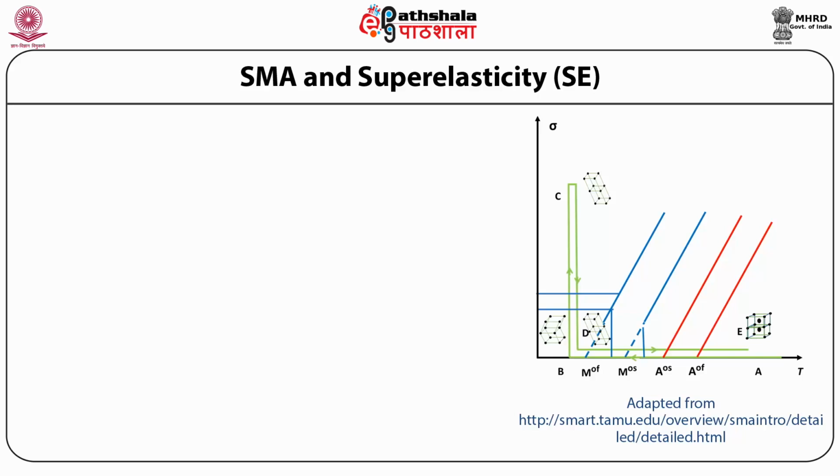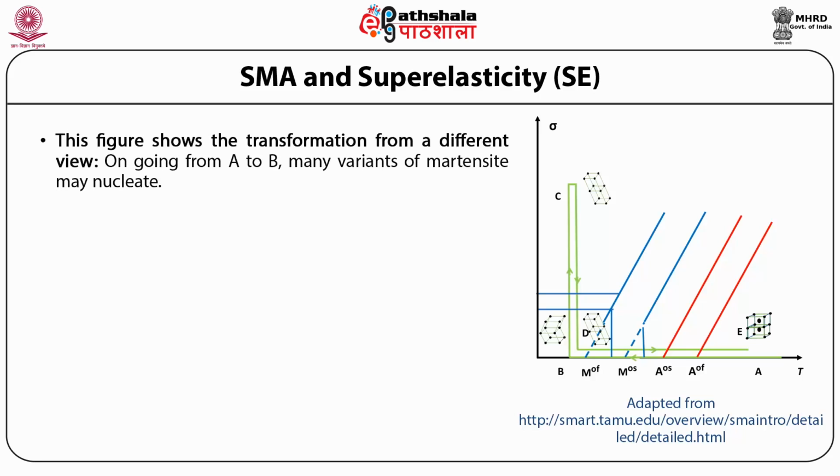We can even draw the transformation path which depicts the various properties, that is SME, SE, SIM, and these have been shown in this figure, which shows the stress temperature phase diagram for shape memory alloys, showing the transformation during the shape memory effect.